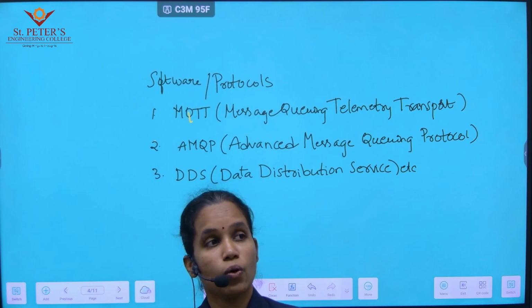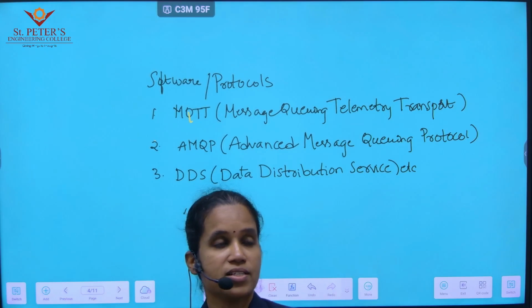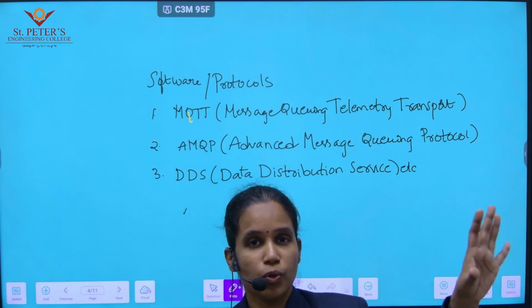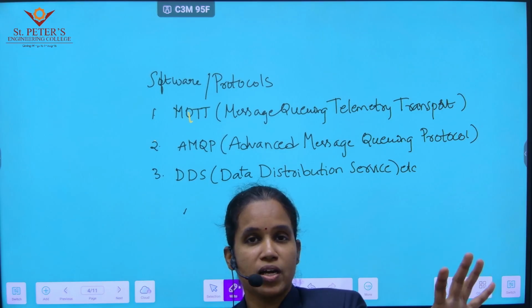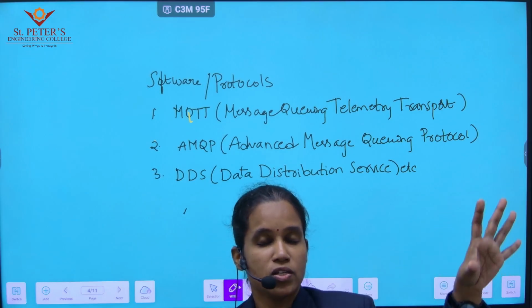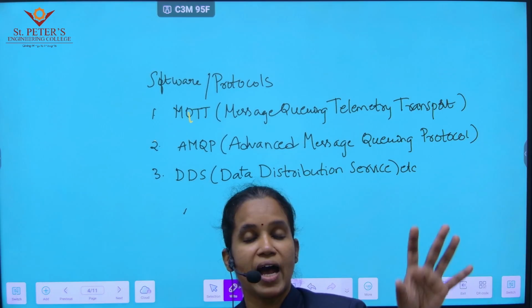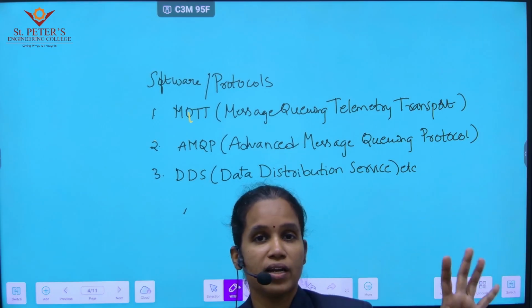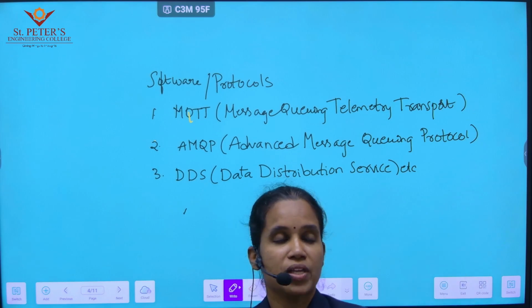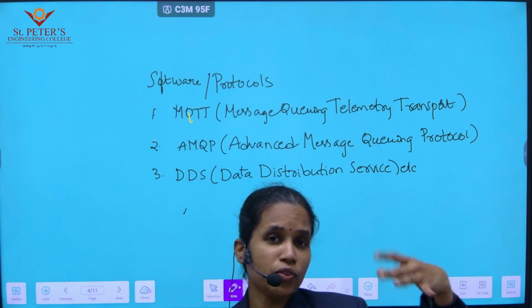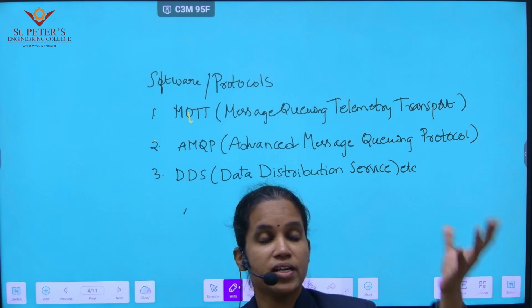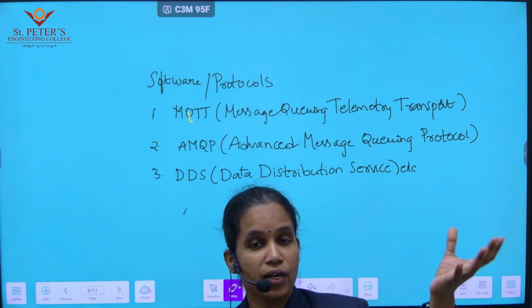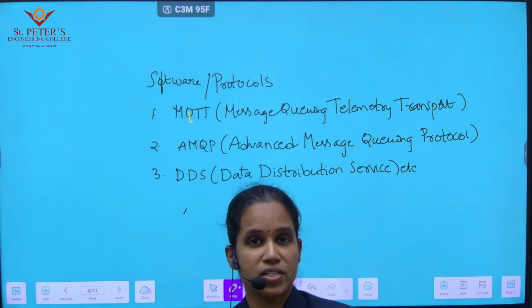My bulb is using Bluetooth and my thermostat is using Zigbee. Bluetooth and Zigbee are non-IP technologies, that means they are not related to the internet. But even so, they can talk to my Amazon Alexa.